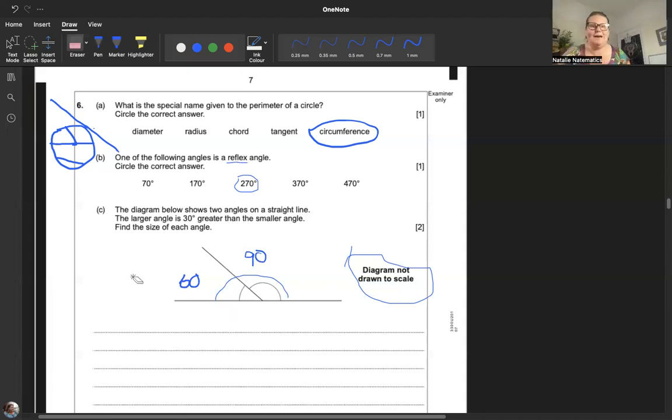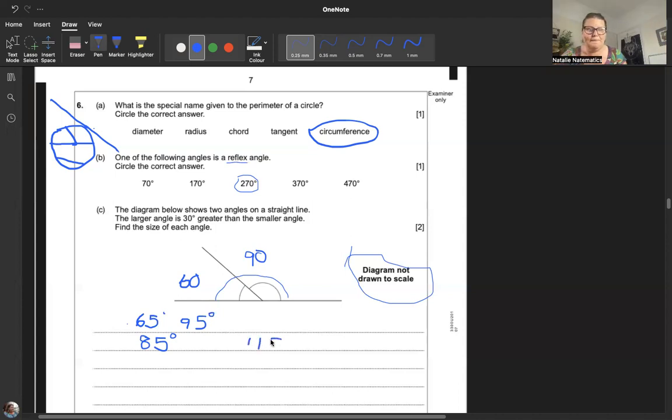If I were to put 65 degrees, and then 95 degrees, does that work? Well, 65 plus 95 is 160. Okay, no, not yet. What about 85 then? 85 plus 30 is 115.